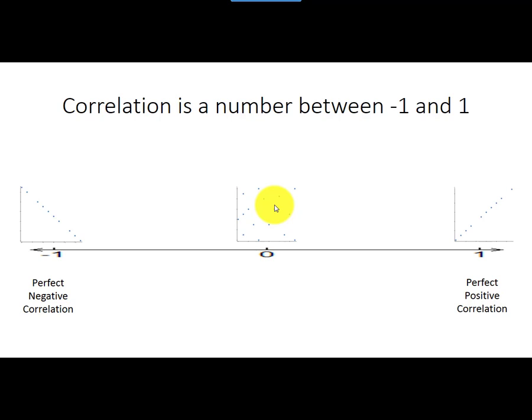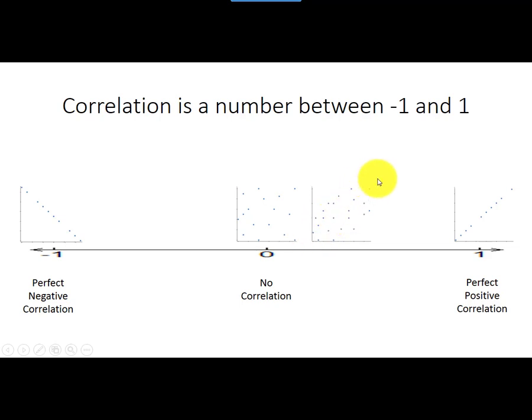Now, as we travel from the middle here, 0, out to either negative perfect correlation or positive perfect correlation, the dots start to go from no relationship to faintly resembling a positive linear trend.